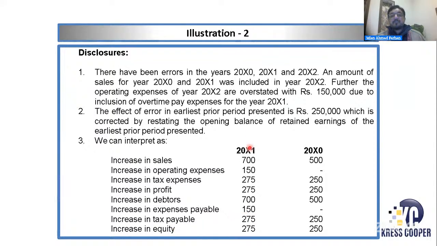Increase in equity. So this is what we'll be having as an impact in the third balance sheet that I was saying. Or here, the expense that got changed belongs, in fact, to X1 only. For X0, the only change will be reflected in the sales and its impact on tax and debtors, etc. Okay.